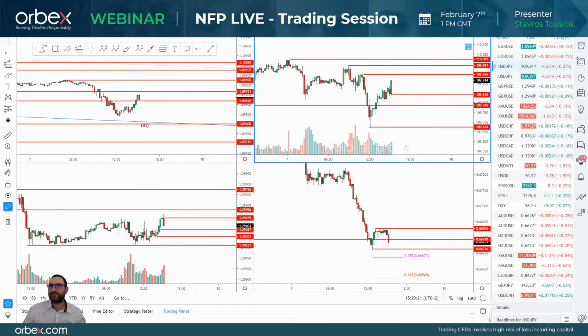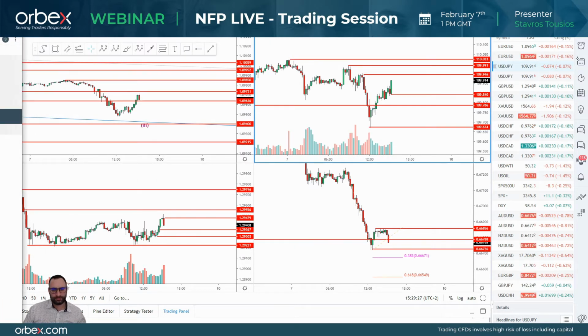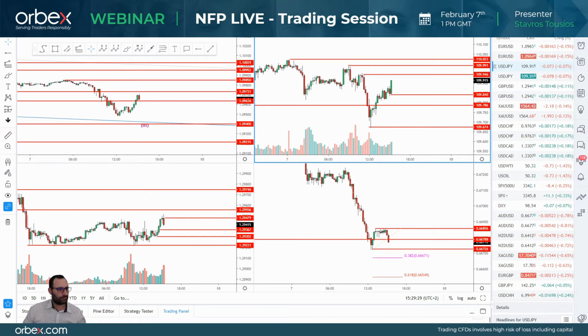There's 1 minute left. Markets are moving. Dollar yen is moving. It looks like safe haven is going down.